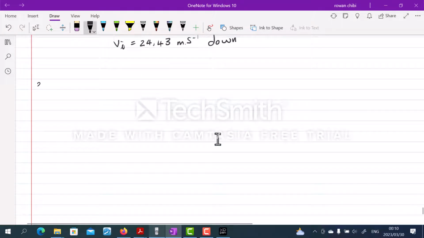So that is 3.3. When you draw the graph you must always have the axes, the y-axis and the x-axis. So this would be my x-axis.